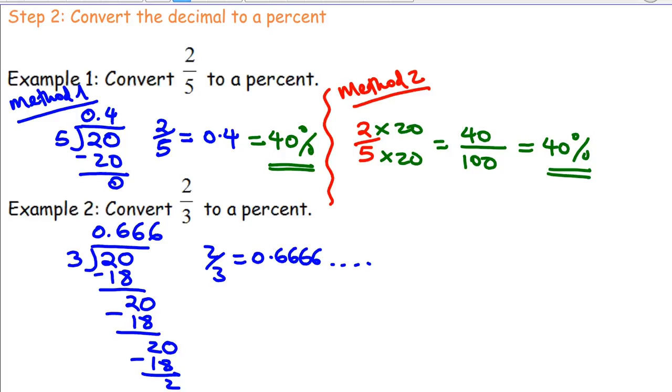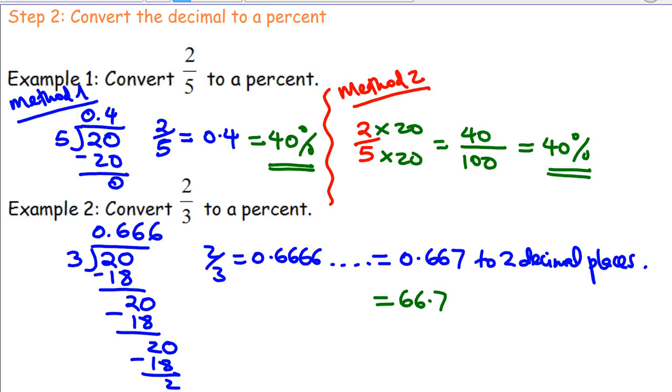And well, we can round this to 0.667 to 3 decimal places. Remember, in most exam questions, they'll ask you to round to this number of decimal places. And this is equivalent to 66.7%.